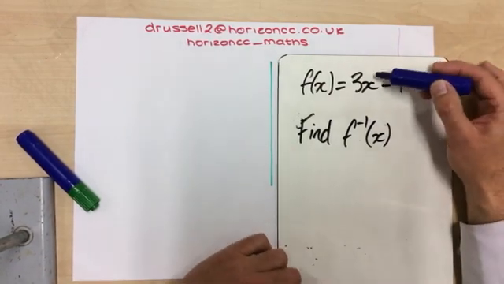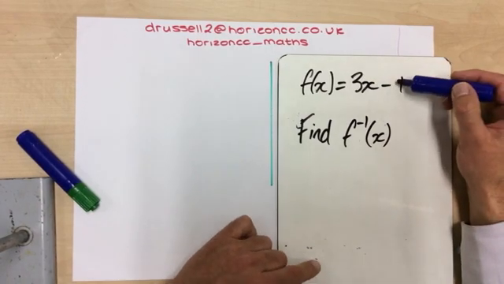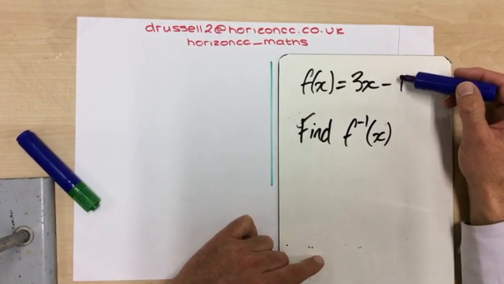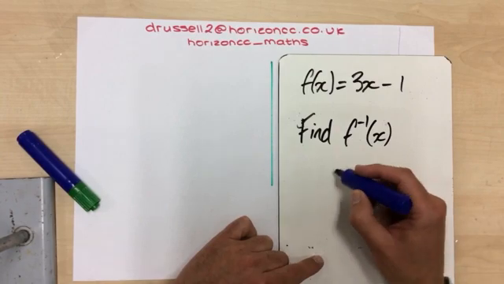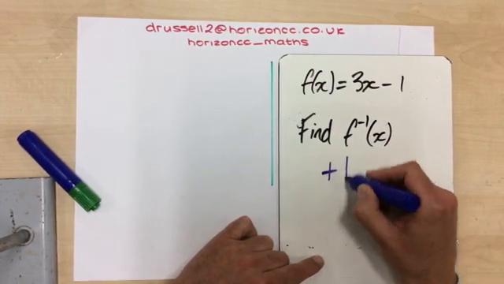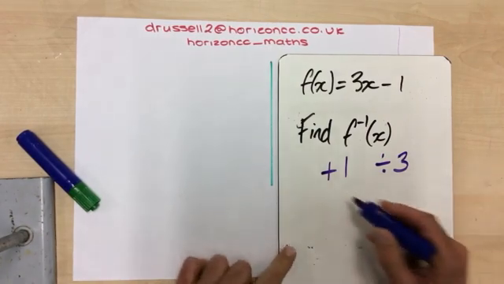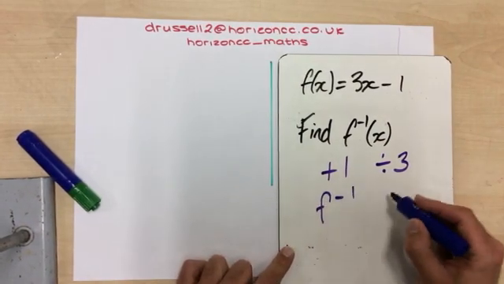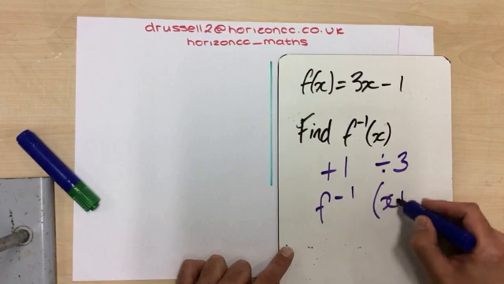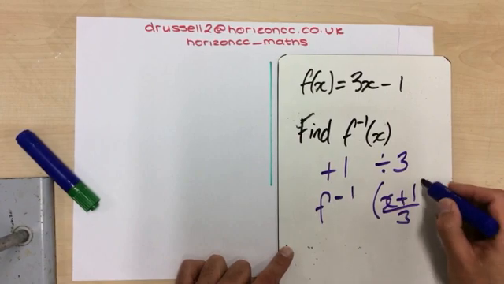So the x is being times by 3, and then we are subtracting 1. We're going to reverse those operations. So we're going to add 1, and then we're going to divide by 3. So my inverse function of x is going to be x plus 1 divided by 3.